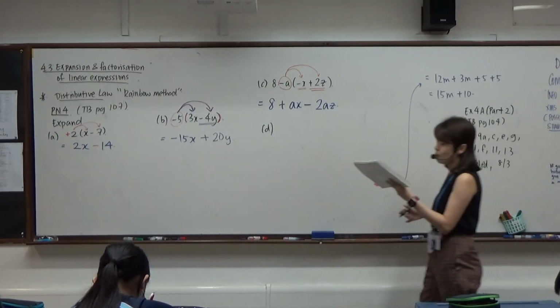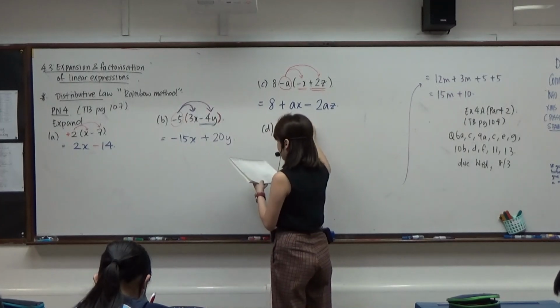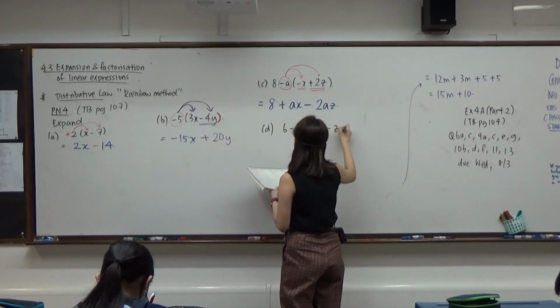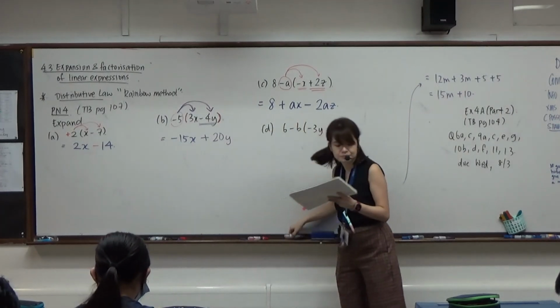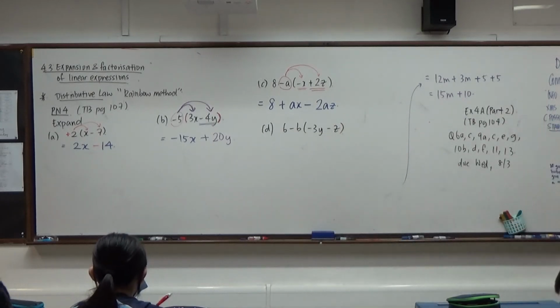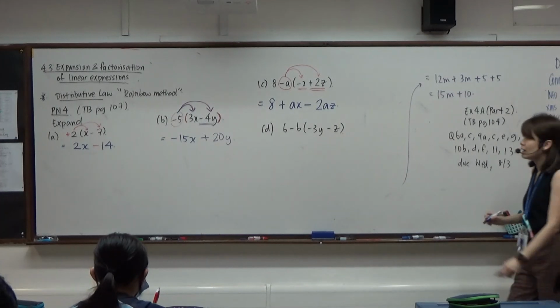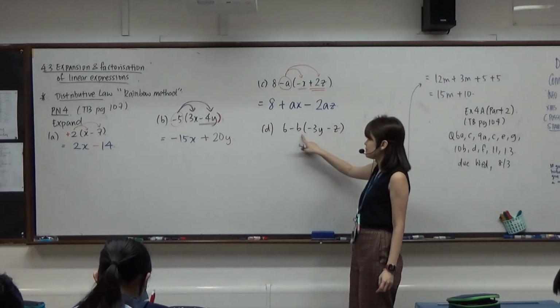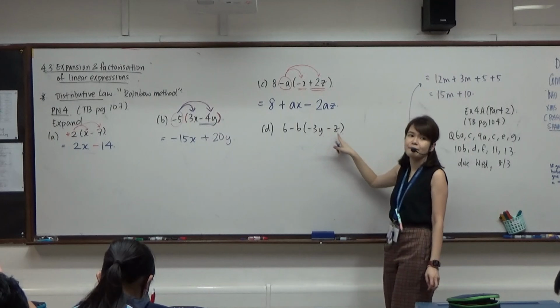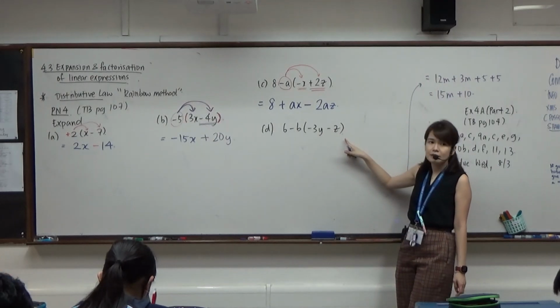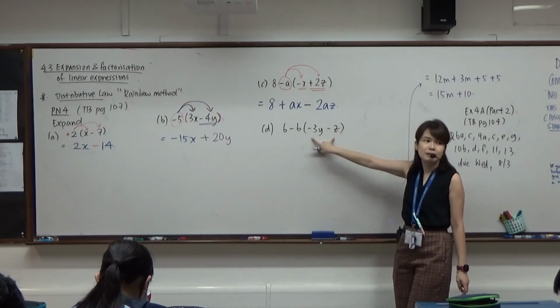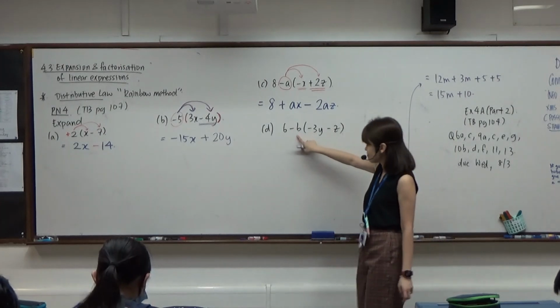We try another one. Another one, we have 6 minus b bracket minus 3y minus z. In front of the brackets, we have minus b.